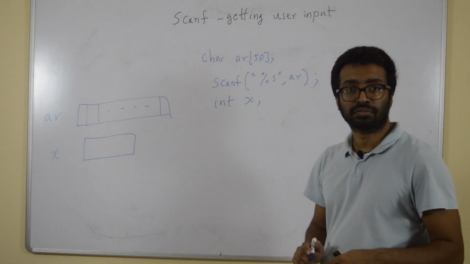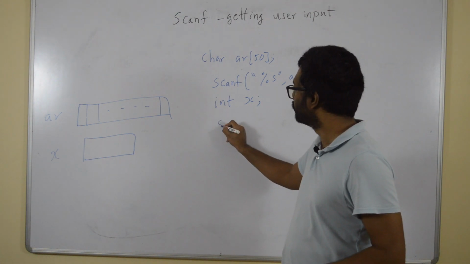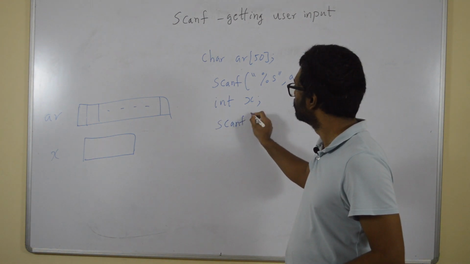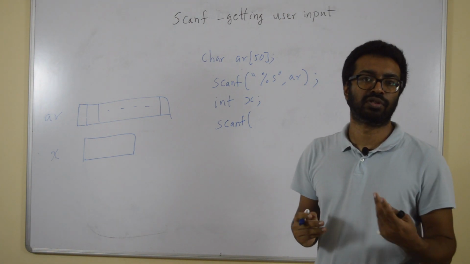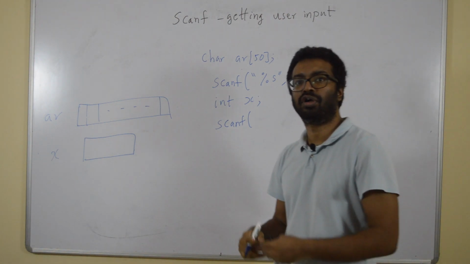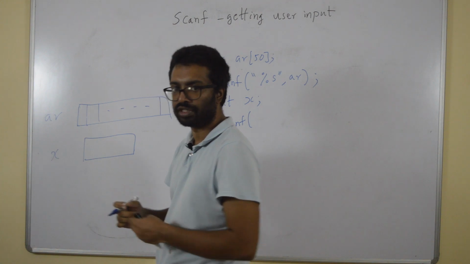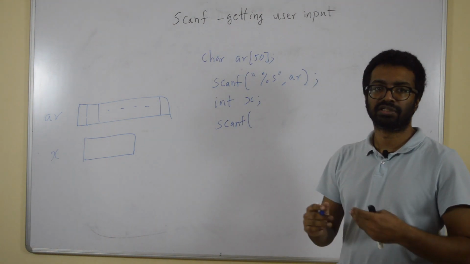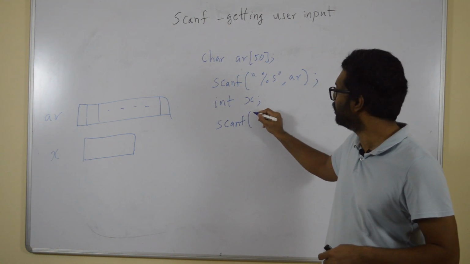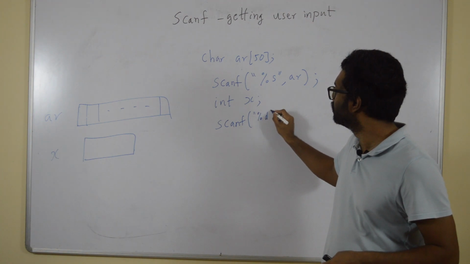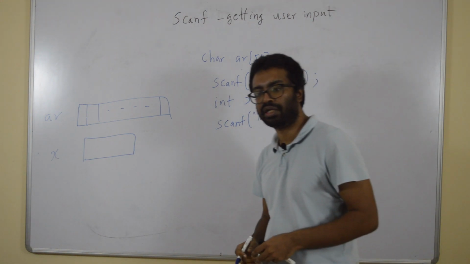Now I am going to call scanf. First I have to tell scanf what type of input I am looking for. Earlier we said %s for string, and now I am going to say %d for int, right?